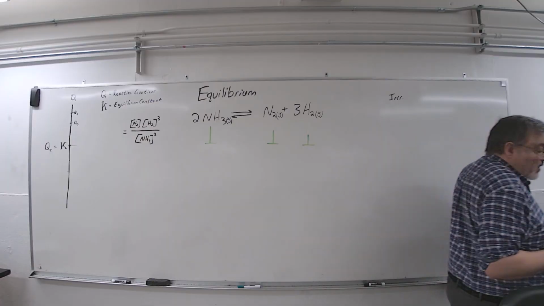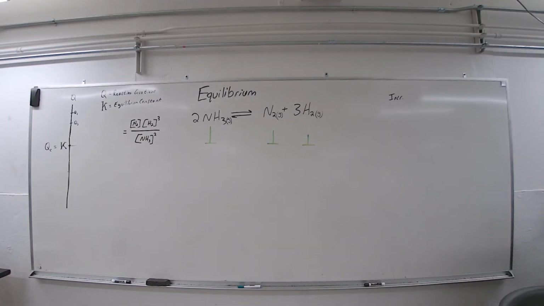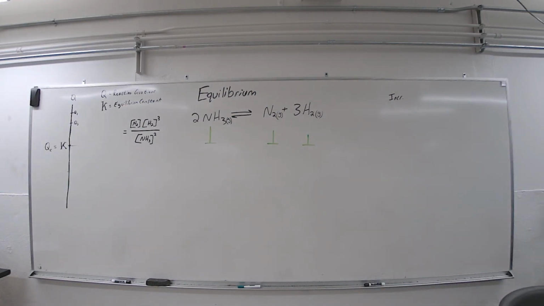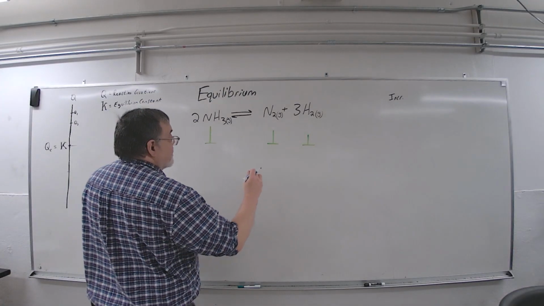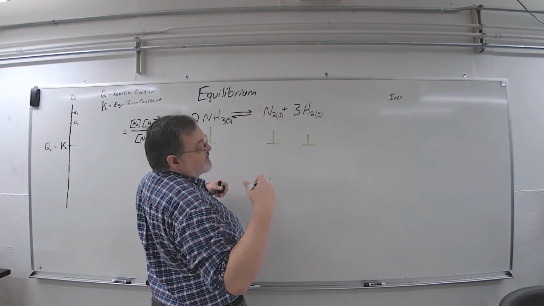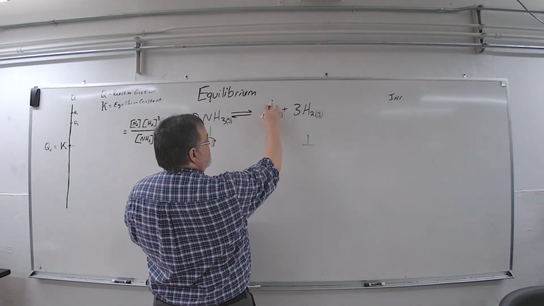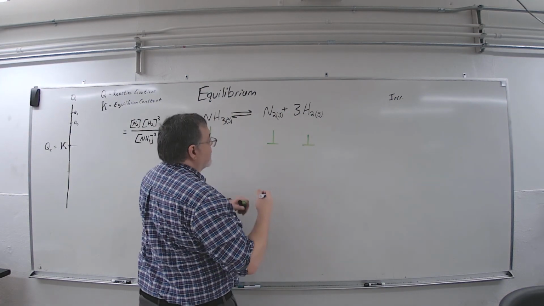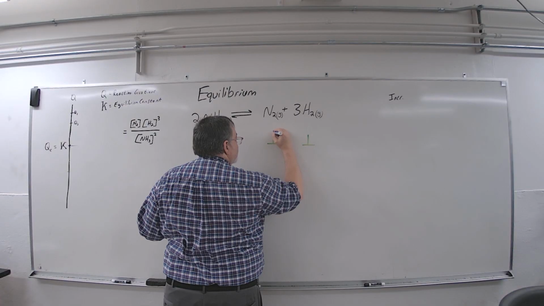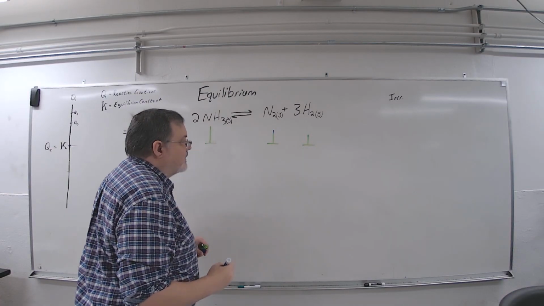I wish I had one color. Oh, I really need it. Let me see if there's one back here. Use your blue. So the blue now, let's say I'm going to remove some of this N2. So I'm somehow able to selectively grab the N2, suck some of them out of the chamber, and that's what the blue represents, what's been removed.